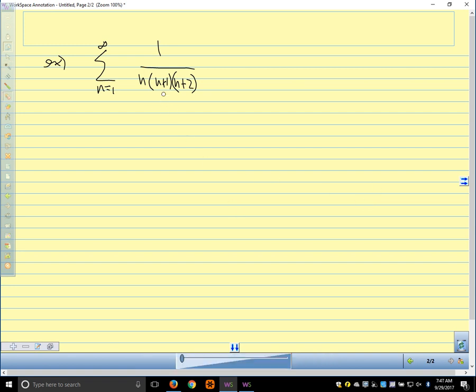Now what's a different technique other than direct comparison that we might be able to use here? We might be able to use partial fractions and break it up into a sum of individual sequences. But I'm going to say, looking at that sequence, is there some kind of comparison we can make?